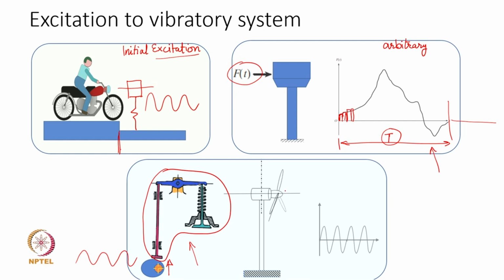Similarly, we considered the case of a wind turbine nacelle rotor, wherein the rotation of these blades again generates excitation which is sustained, and in this particular case will be in the form of a harmonic excitation because of the residual unbalance in the blade system.